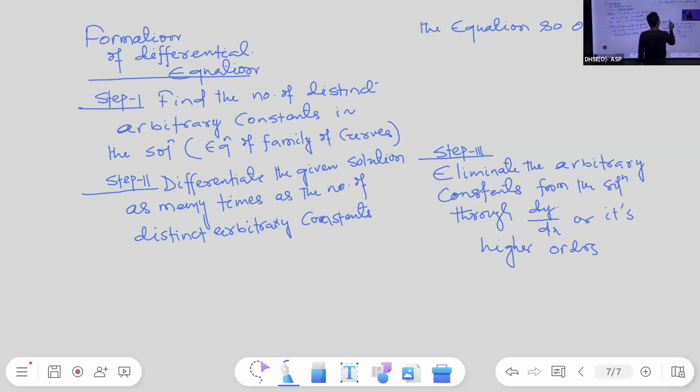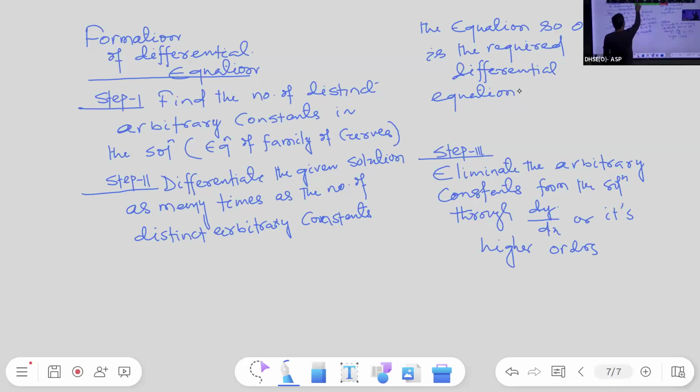The equation so obtained is the required differential equation. So note these points. I will explain through examples.